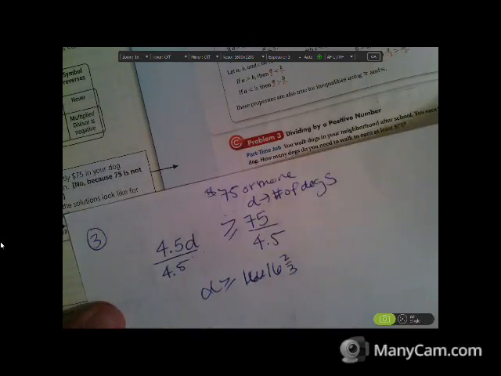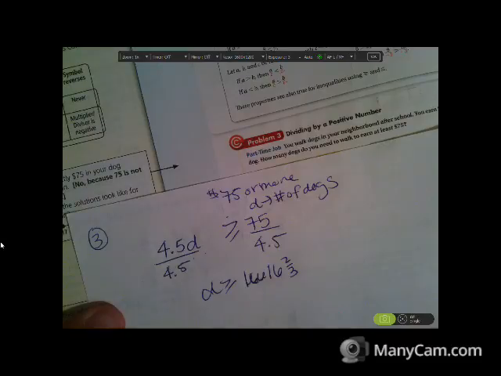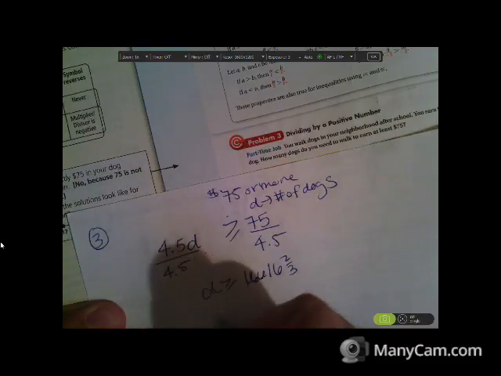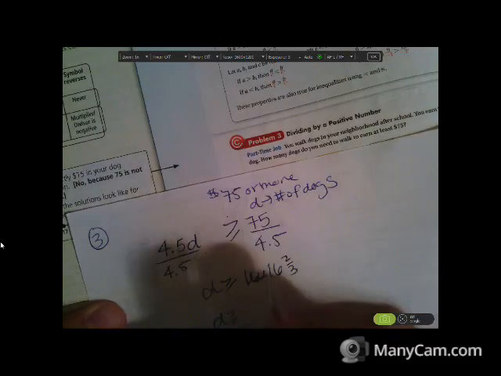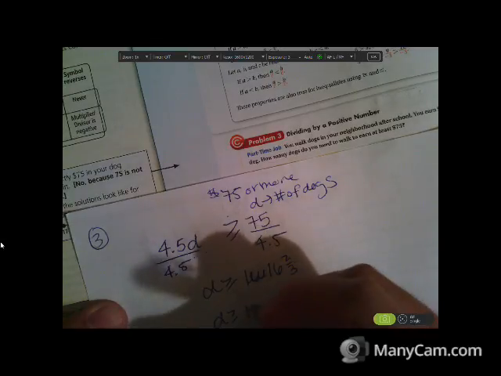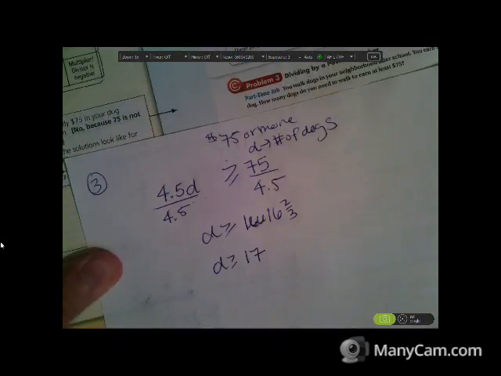But you have to look at it. Can you have 16 2/3 dogs? So therefore, you have to walk at least 17 dogs. We're going to round up.